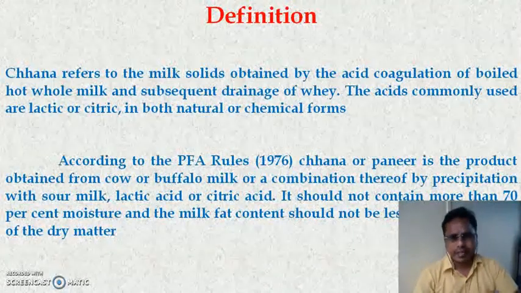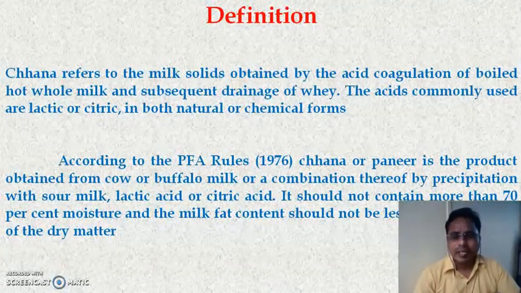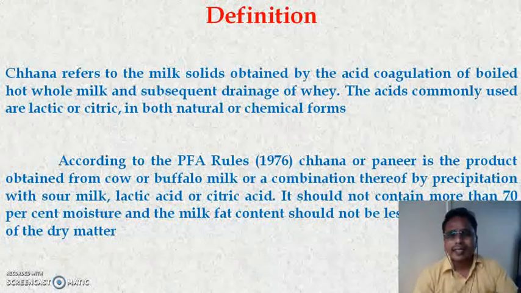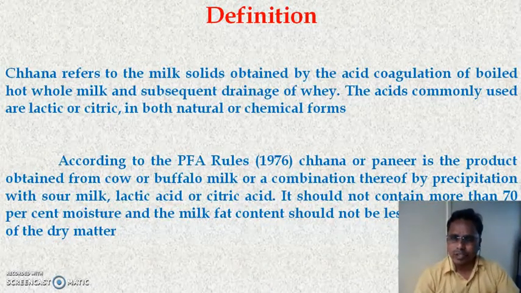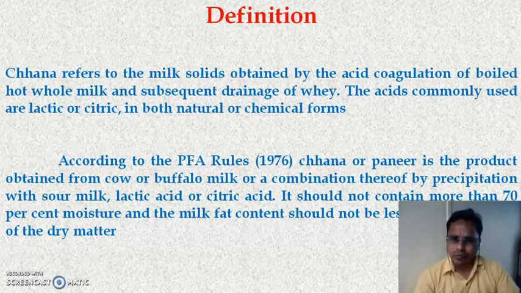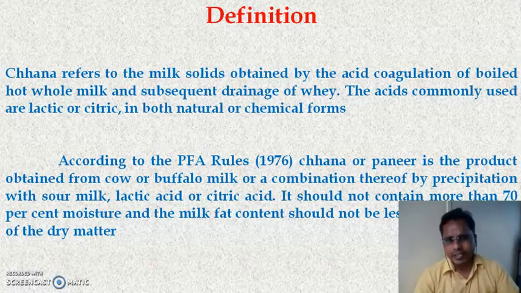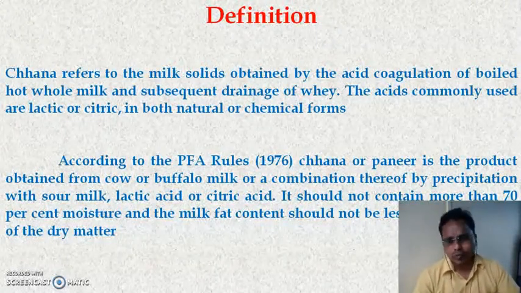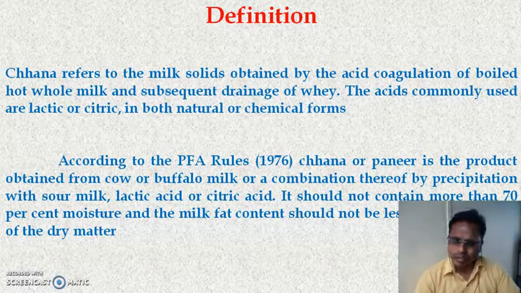Let's see the definition of channa. Channa refers to the milk solids obtained by the acid coagulation of the boiled hot milk and subsequent drainage of the whey. The acids commonly used are lactic acid and citric acid, in both natural or chemical forms.